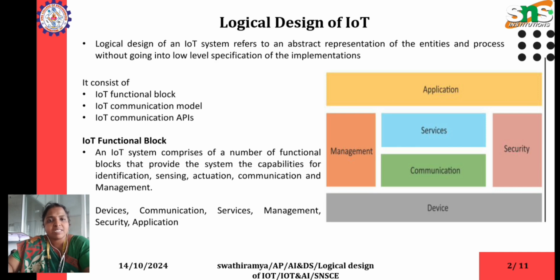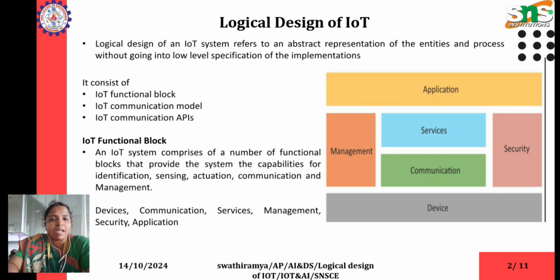We will start with the overview of these three blocks. When you go for the IoT functional block, it has a few components in it. The components are device, communication, service, management, security, and application. These are the components of the functional block.